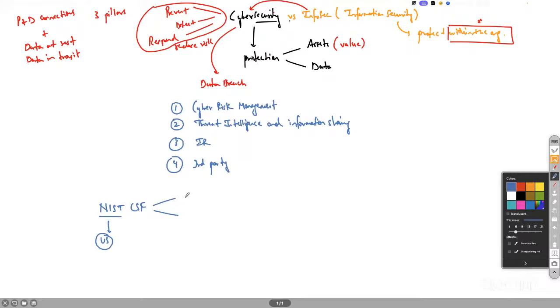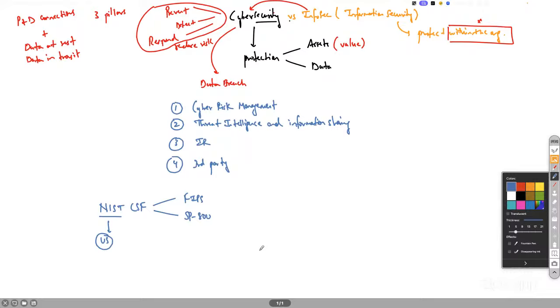One is called FIPS, Federal Information Processing Standards. Then the very common ones that a lot of you should access and read through are the SP 800 series documents, Special Publications.